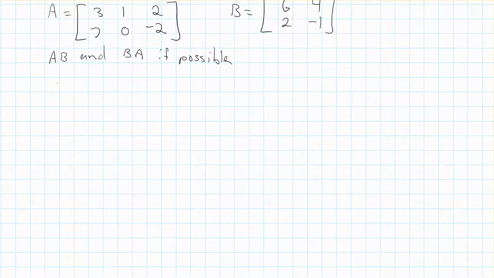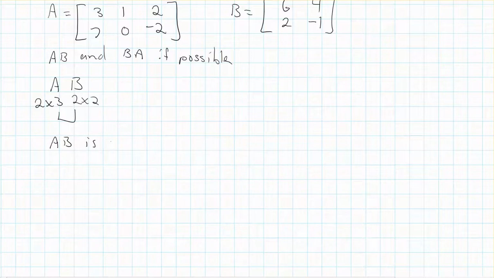So let's first see if we can do A times B. A is a 2 by 3 matrix, B is 2 by 2. So those don't match, so A times B is undefined.